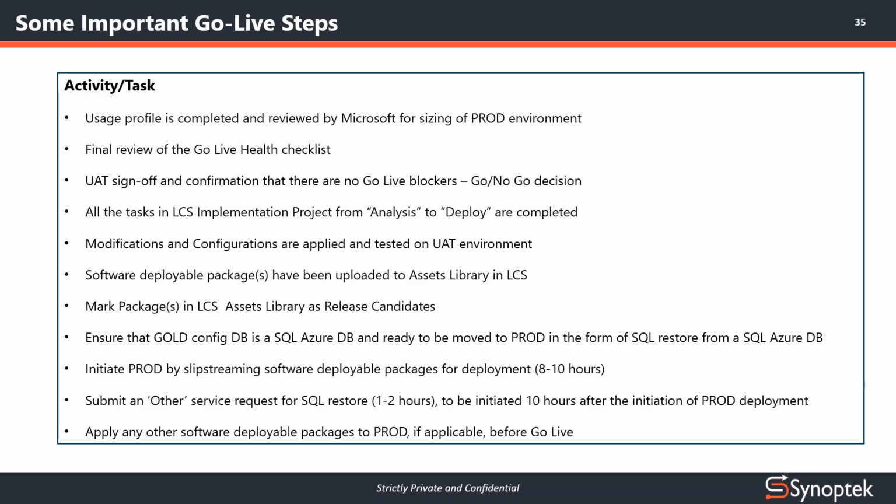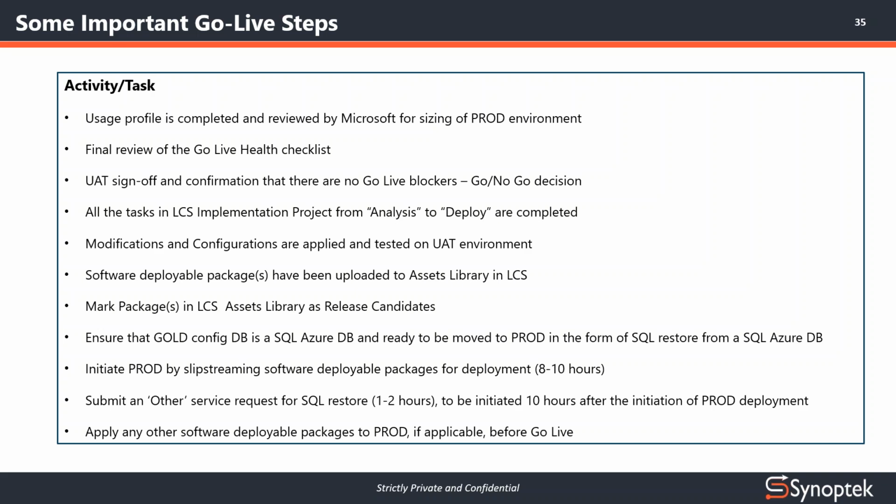Some important go live steps, activities or tasks. Usage profile is completed and reviewed by Microsoft for sizing of the prod environment. Final review of the go live health checklist. User acceptance testing sign-off and confirmation that there are no go live blockers, go, no-go decision.